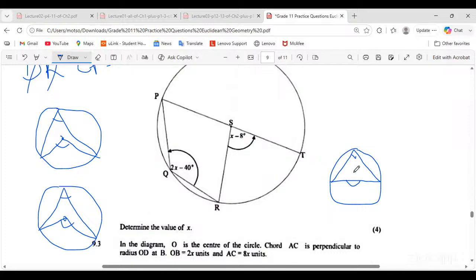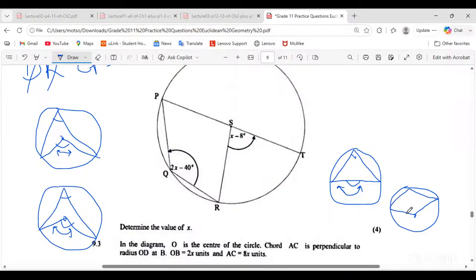Yes. Now, let us continue. We were stretching this angle in those 2 directions. We also stretched this one in those 2 directions. Now, let us bend our angle to be more than 180 degrees. This is our center. Angle at the center is 2 times angle at the circumference.